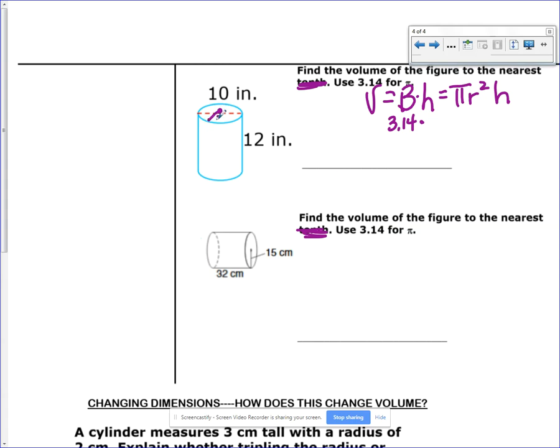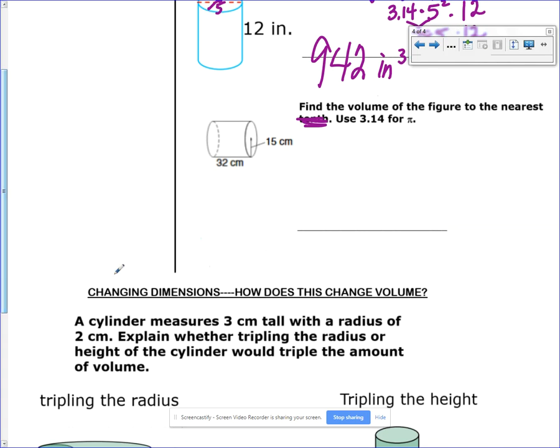Diameter is 10, which means your radius is 5. That gives us, I believe it was like 78.5. And then we have to multiply by the height, which is 12. That total then gives us a value of 942 cubic inches.